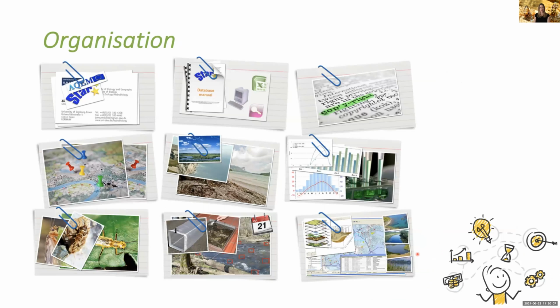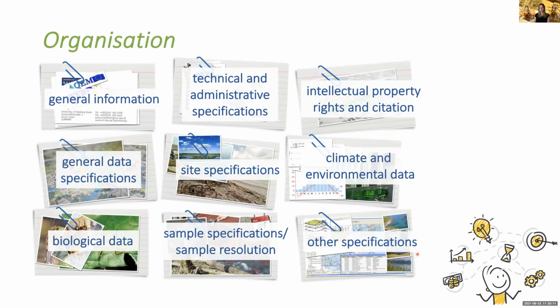So these are basically the 9 information blocks. So we collect general information on the data sets, then technical information on the data sets. So who is the data owner, who provided the metadata, who is the scientific contact person, and so on. And the most important part is the section about the intellectual property rights.